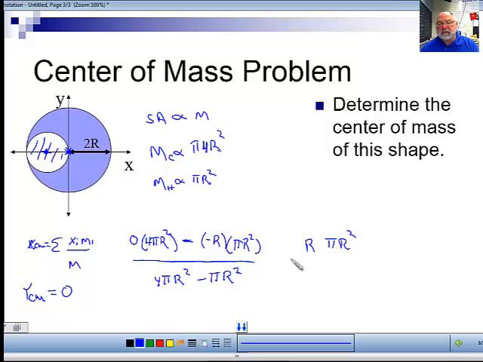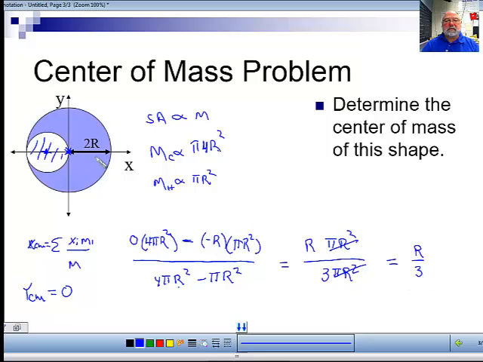I know I could combine those, but I'm not going to, over 4 pi r squared minus pi r squared, which is 3 pi r squared. Well, those pi r squareds cancel, so the center of mass in the x direction is r over 3.